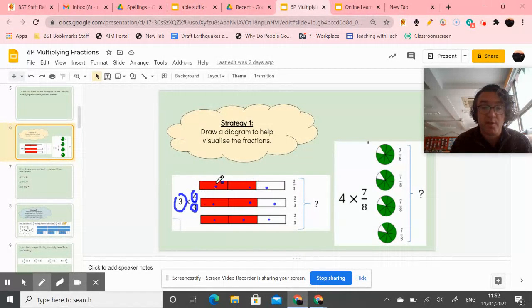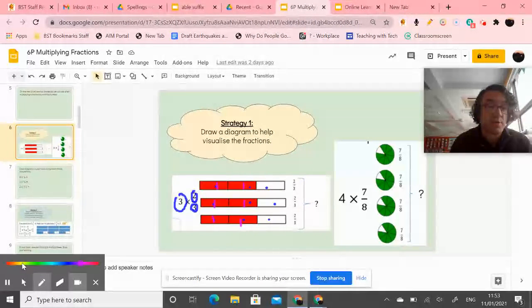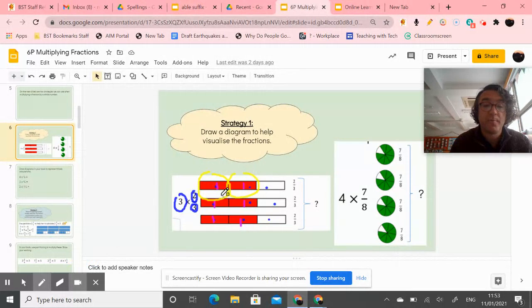Now I have to shade 2 of each of those 3 parts I've split it into, because it's 2/3. So shaded 1, shaded 2. Let me use another color to differentiate that. Now I can just add the number of thirds I have. So I've got 1, 2, 3, 4, 5, 6.